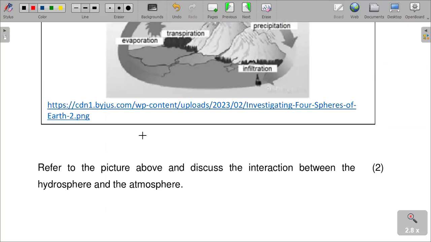Refer to the picture above and discuss the interaction between the hydrosphere and the atmosphere.